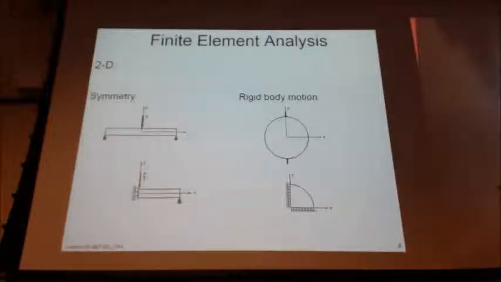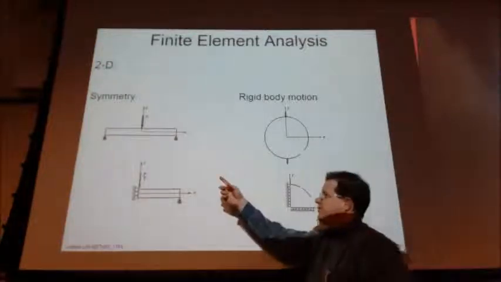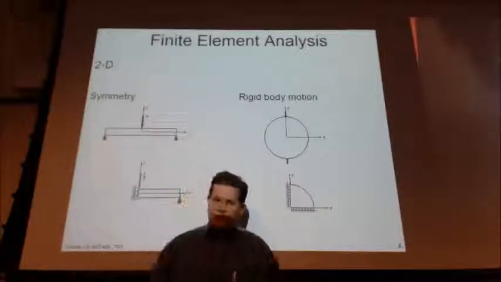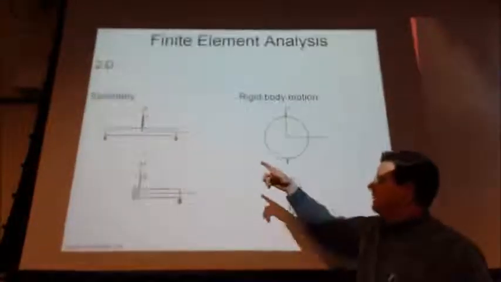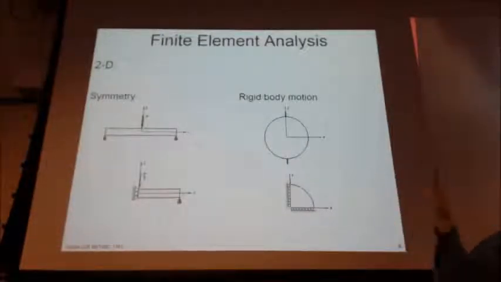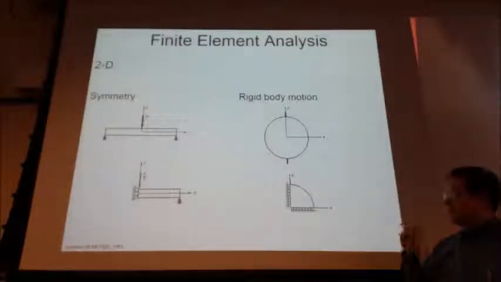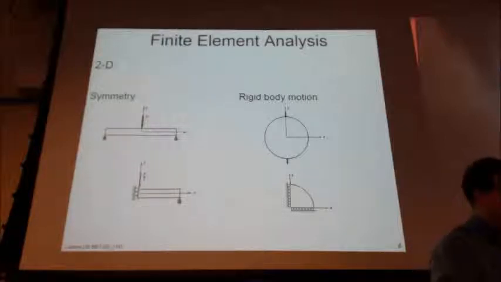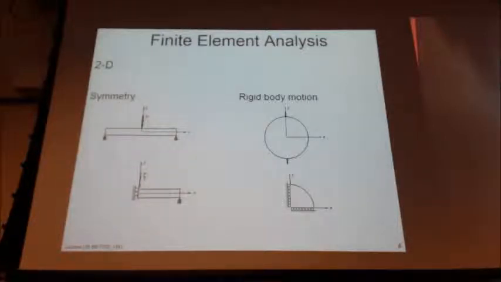So if you think about the simply supported beam, if we just supported that in the Y, even though we don't have a force in the X, the whole body would be able to translate in the X, but we don't want that to happen. So all we have to do is constrain one node in the X, and that'll prevent the rigid body motion. As long as we're following our free body diagram rules, then we should be okay on our constraints.